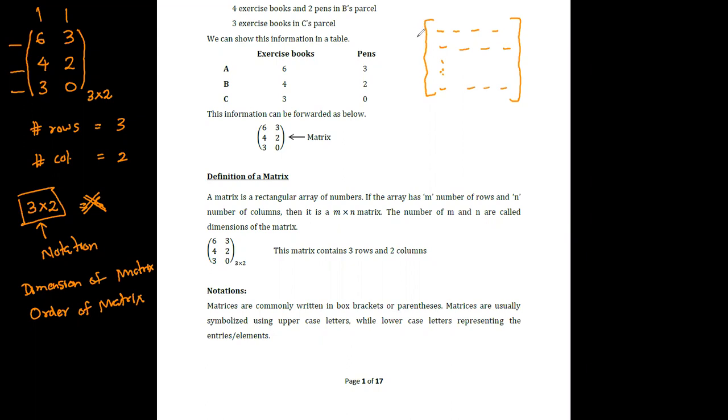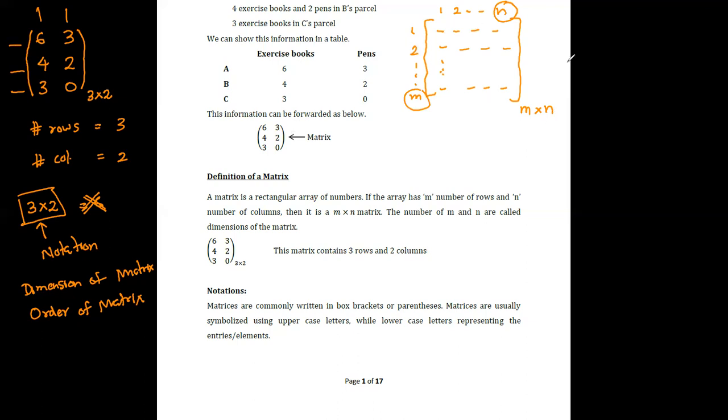If you see the number of rows, here it is 1, 2, coming up to m number of rows, and here it goes 1, 2, likewise up to n number of columns. Therefore, if your matrix has m number of rows and n number of columns, then the dimension of the matrix will be m by n.